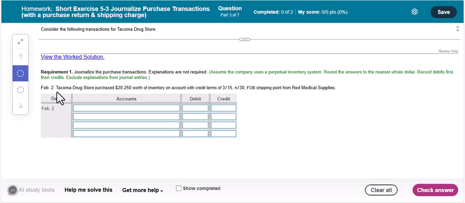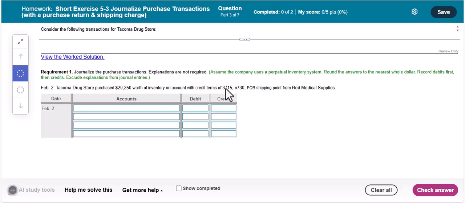So on February 2nd, Tacoma Drugstore purchased $20,250 worth of inventory on account with credit terms of 3/15, net 30, FOB shipping point from Red Medical Supplies. So the credit terms here mean they're going to save 3% if they pay within 15 days of February 2nd.